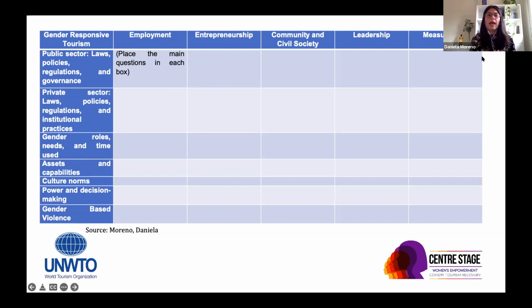That means, do we have outsourcing companies working in tourist development? What is the impact of these outsourcing companies on women who are working in a hotel, for example? So we need to understand these institutional practices. What is the gender impact of all these institutional practices coming from the private sector?